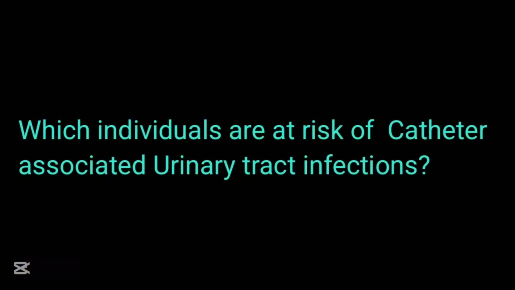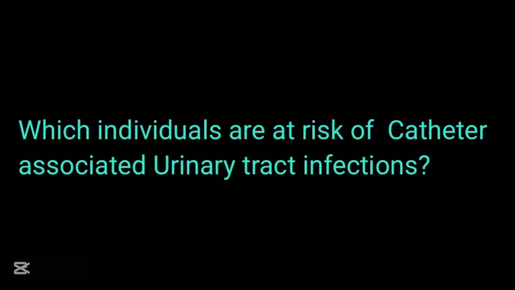The individuals that are commonly implicated in catheter-associated urinary tract infections include the female gender, individuals that have paraplegia, that is paralysis of the lower limbs and the lower part of the body, individuals that suffered a cerebrovascular accident, that is a stroke, also individuals that are elderly, individuals that have diabetes mellitus, individuals that have had an extended catheter indwell time, that is the catheter has been in place for a long period of time, individuals that have a history of urinary tract infection, as well as individuals whose catheter was inserted without adhering to aseptic precautions, sterile precautions.